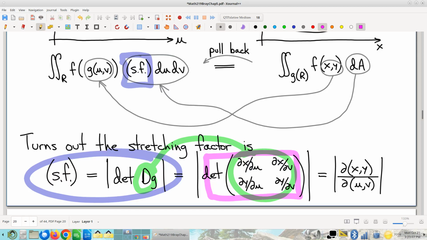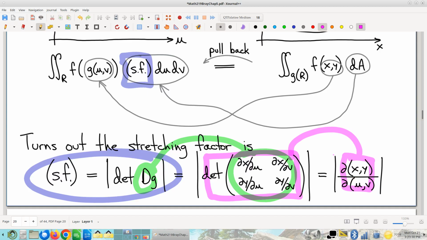So how about this? This seems like a not implausible choice. It almost reads as partials of x and y with respect to u and v. And writing it as a fraction makes it look like a scalar, and of course the determinant is a scalar. So, not the craziest choice of notation.